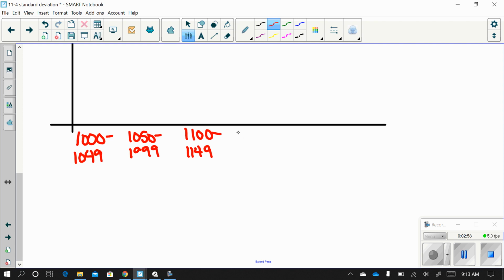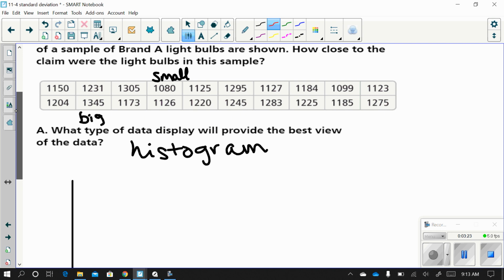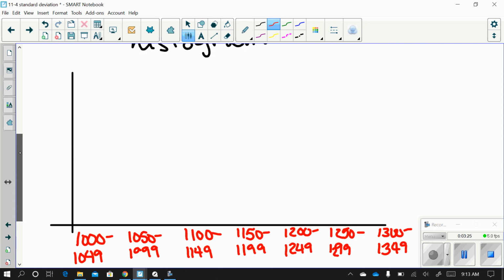Goodness gracious. 1150 to 1199, 1200 to 1249, 1250 to 1299, 1300 to 1349. Do we have to go a little bit further? Yeah, that's all of them. So there's my intervals.